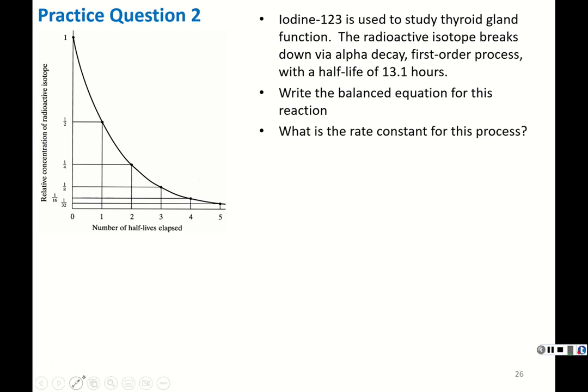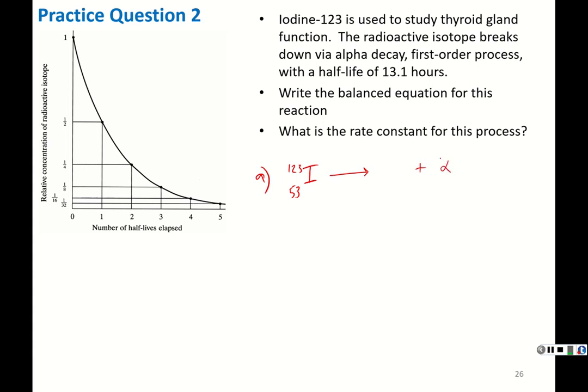So we can write our nuclear reaction that's occurring here. And we have iodine-123. Iodine has an atomic number of 53. And it decays via an alpha particle.